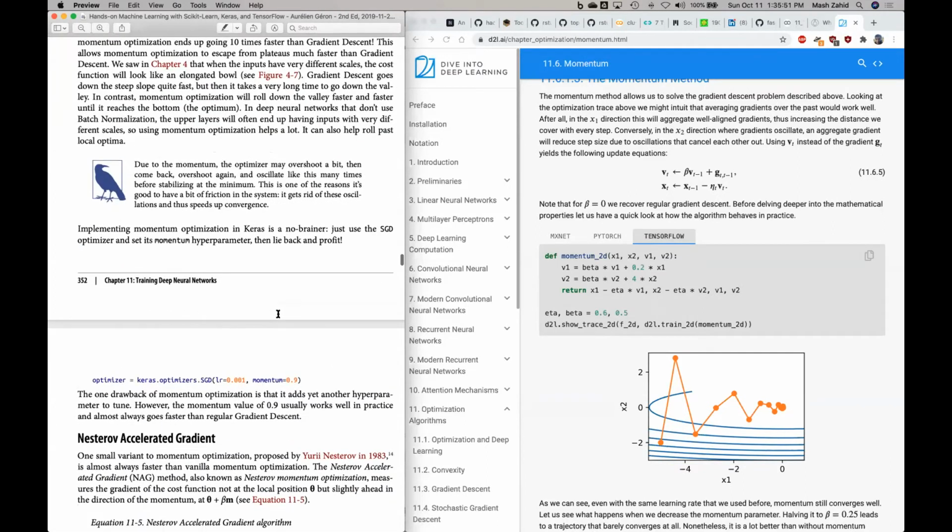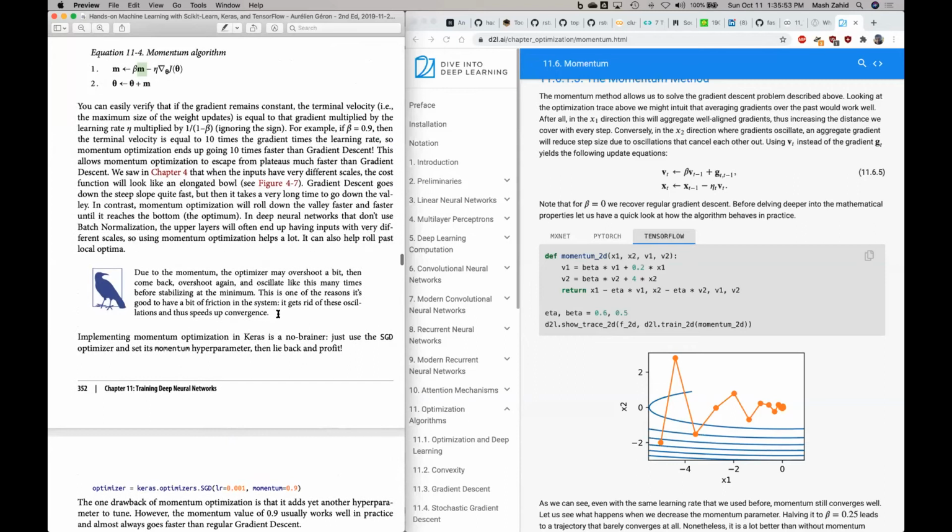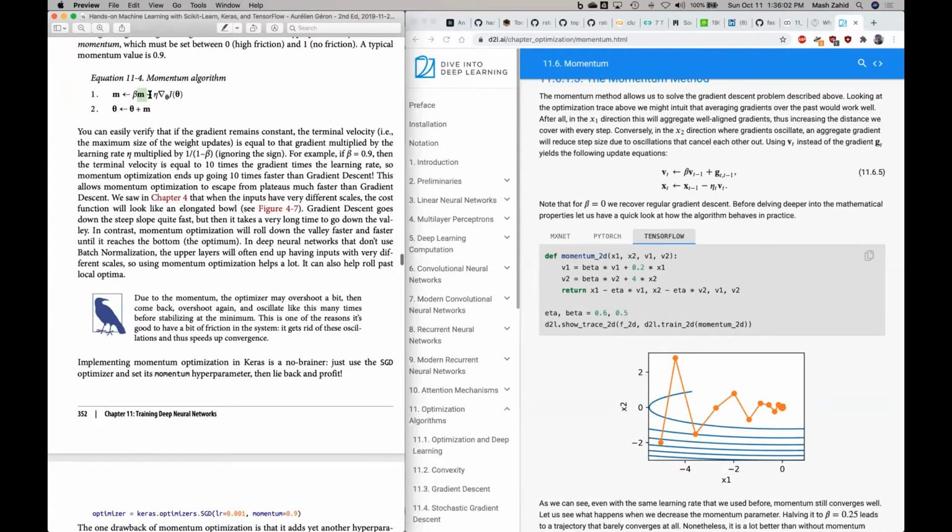We are subtracting the gradient of the function from m times beta. So, go ahead. Sorry, I'm just trying to understand, then m gets reduced by the gradient on m every step? Yes.